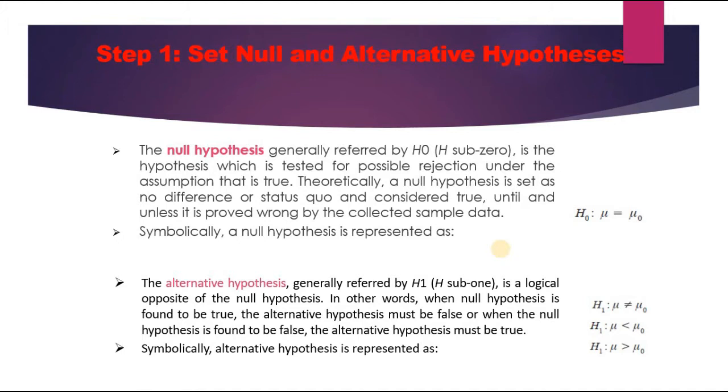That is the objective. The null hypothesis is a parameter that is tested for possible rejection, assuming it is true. But if we find that the sample parameter falls within the acceptance region, I can accept this hypothesis. So the first step in hypothesis testing is to formulate the null and alternate hypotheses.